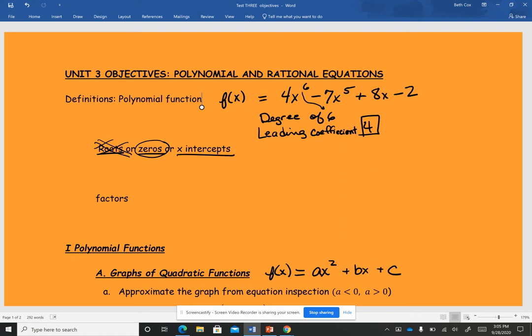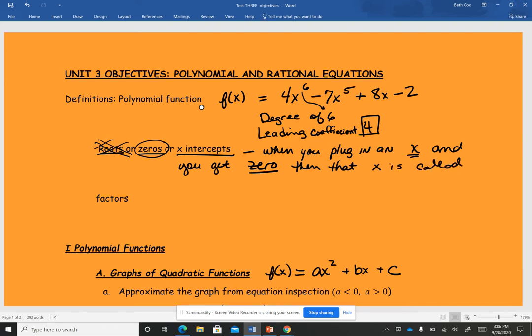It's called a zero because when I plug in an x and I get 0 for my answer, then that x is called a zero, or some people call them roots.